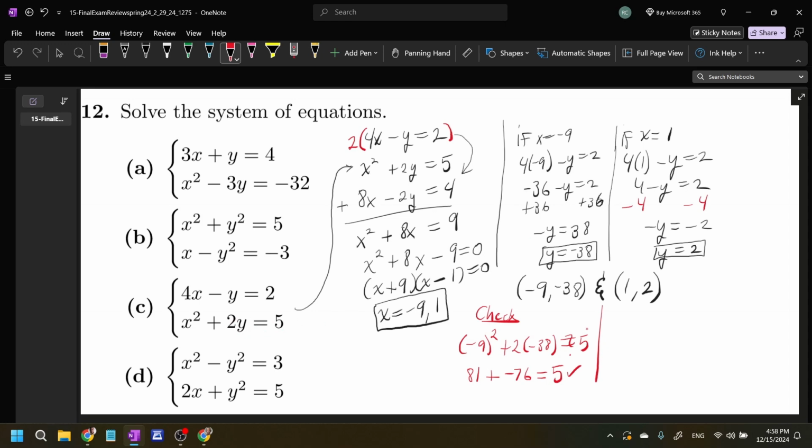So that's why I'm using this one. 1 squared plus 2 times 2. We know that's 5. Okay, great. So 12 is done. Definitely remember how to solve these kinds by using elimination.